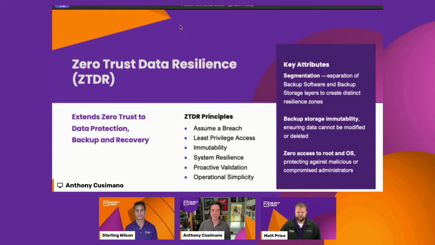Now, Sterling, what do you think about backup storage immutability? You know, immutability. Honestly, when we talk about immutability at the root, what does that even mean? It basically means it offers the max data integrity that Anthony was just talking about. You cannot change that data or those bits until certain factors are met, whether it be time or anything else.